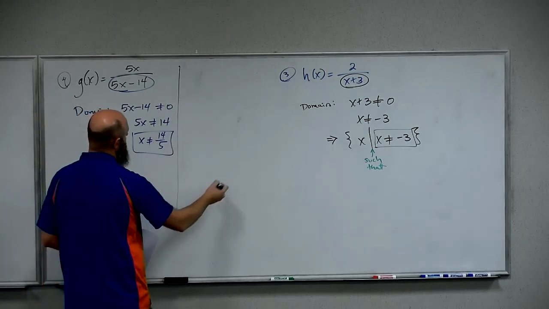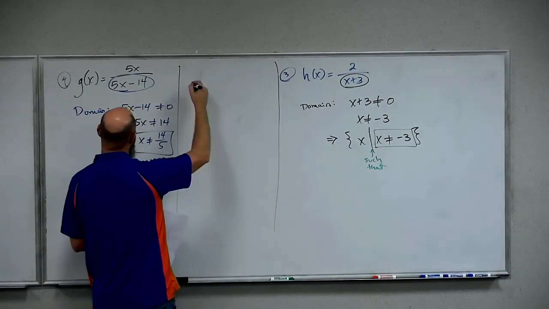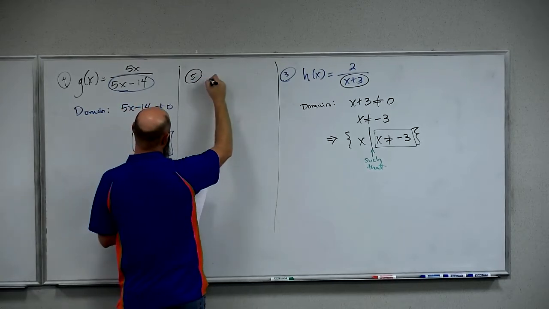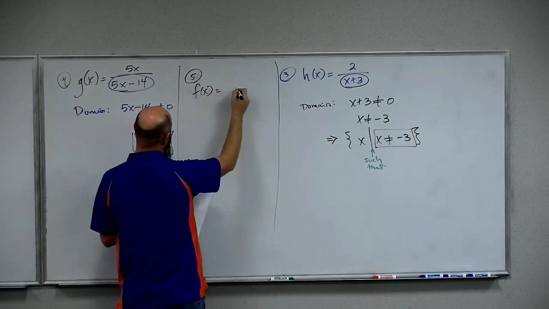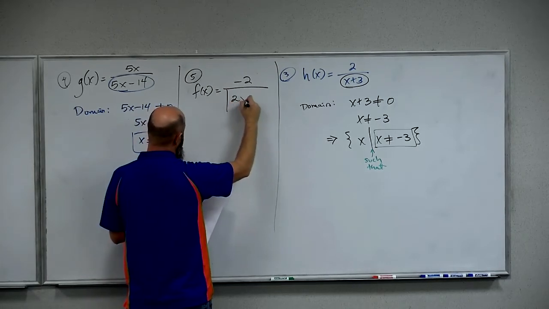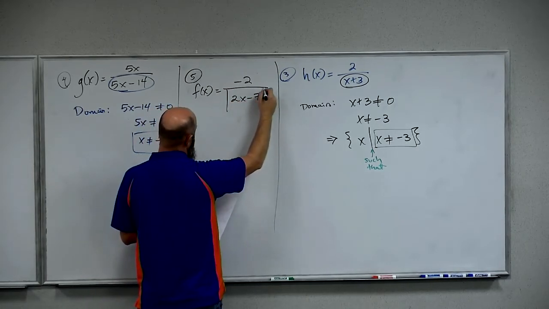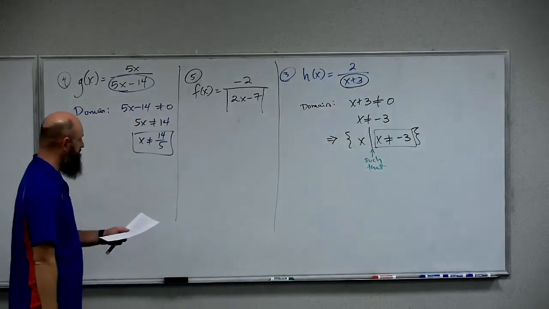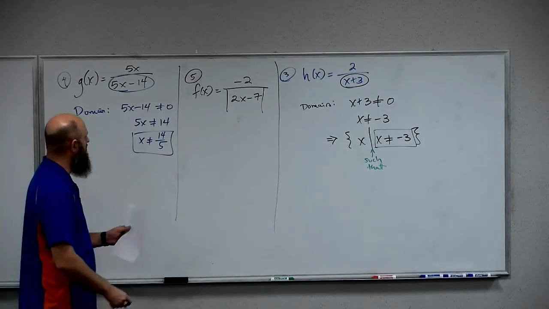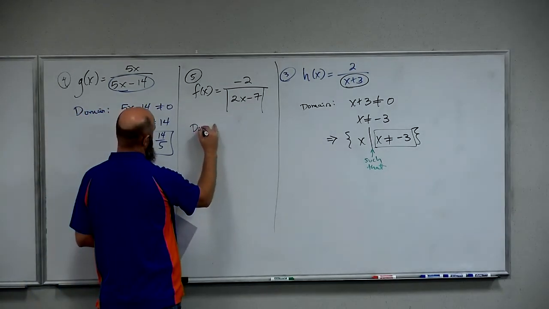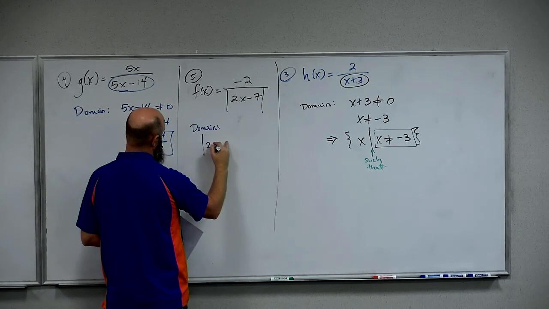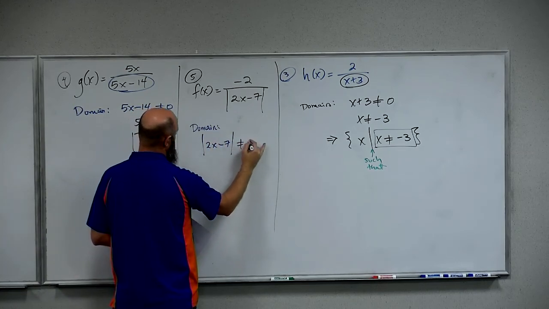All right, let's do one more. I'm going to squeeze it in right here. We should have enough space. Number 5. It says f of x equals -2 over absolute value of 2x minus 7. All right, so again, for our domain, absolute value of 2x minus 7 cannot be 0.